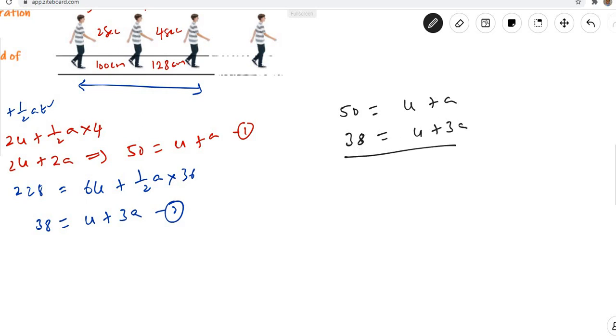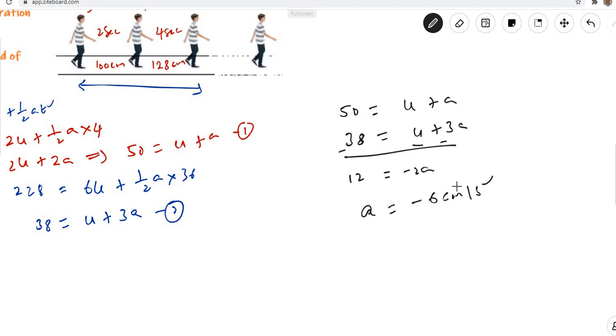Now if you solve them, this becomes 12 = −2a, so a = −6. So the boy is moving with a retardation of 6 centimeters per second squared. He is moving with retardation.